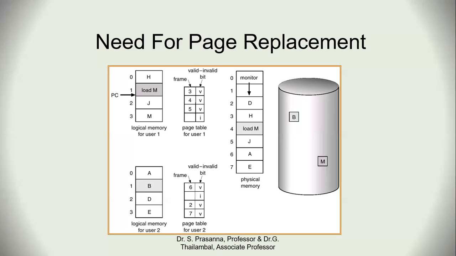So this is how the page replacement occurs, because the memory size of the physical memory is very small. So therefore, it needs to be stored in backing store, and whenever needed, it is taken out from the backing store and placed in physical memory. So this is the need for page replacement.